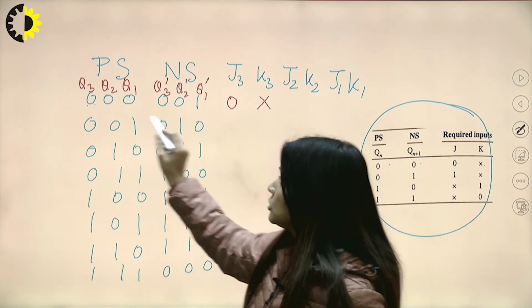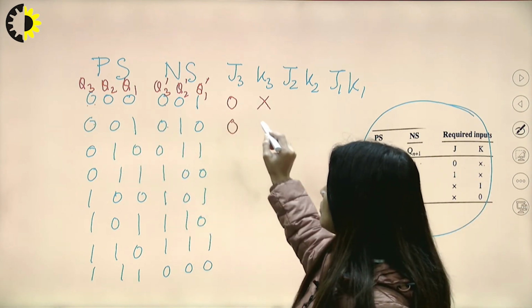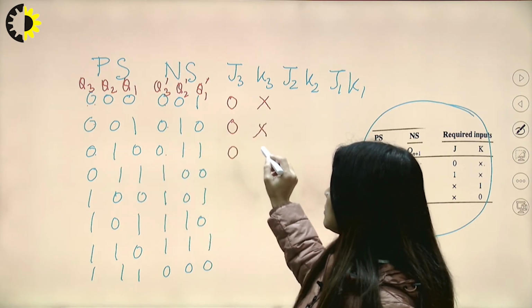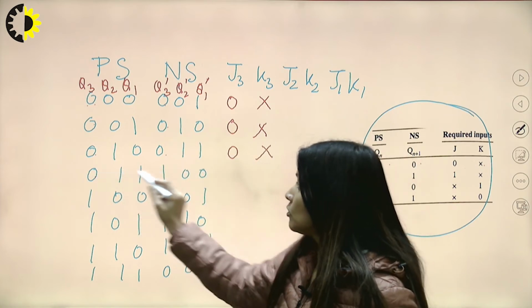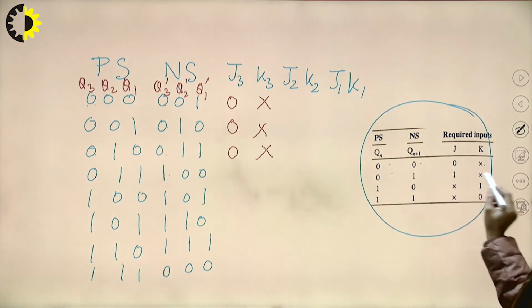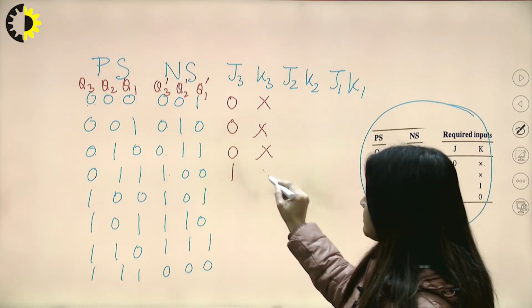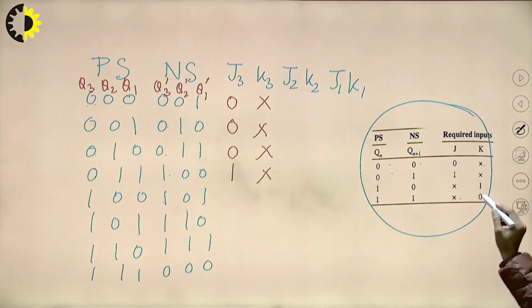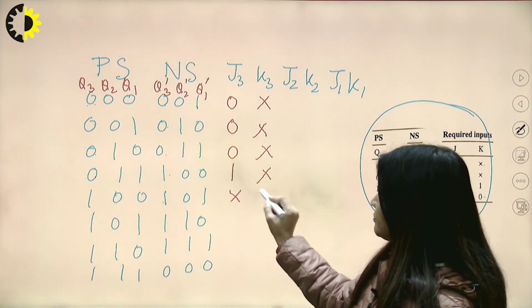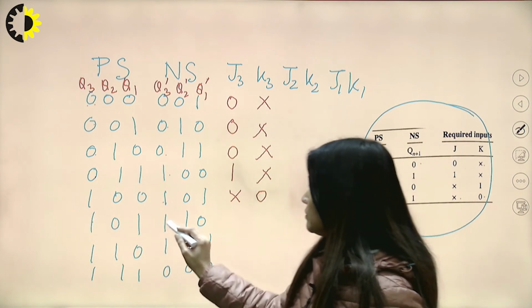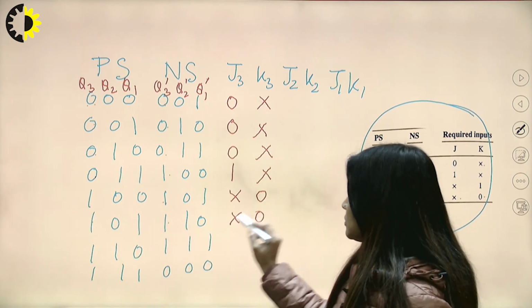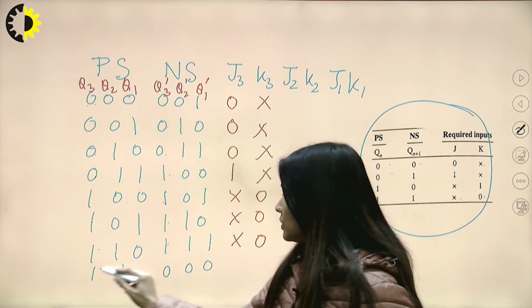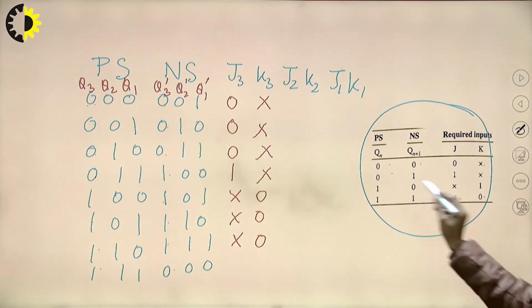Again Q3 0, 0 to 0. Again 0 to 0. Then 0 to 1. Then 1 to 1, and then 1 to 0. 1 to 0. 1 to 0. Then 1 to 0, and finally 0 to 1.